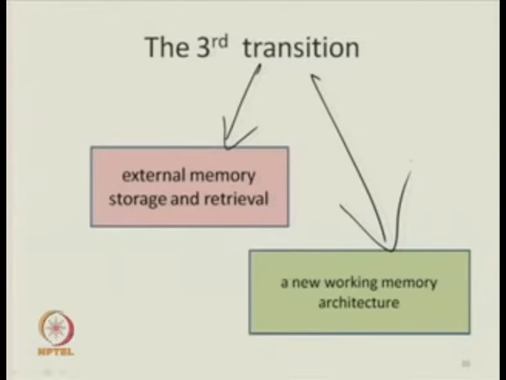So in the third phase, as Donald says, in the origin of the modern human mind and the development and change in culture, we began to store things outside of our internal memory, in what we call our external memory system. And therefore there is a new memory architecture.